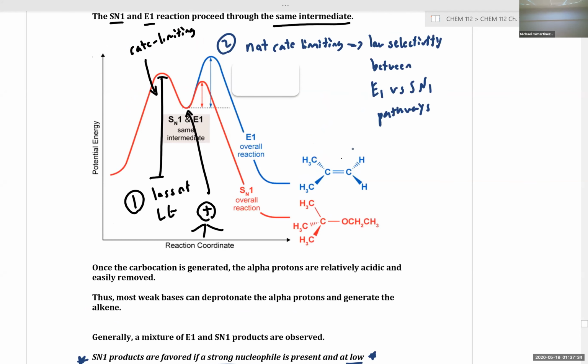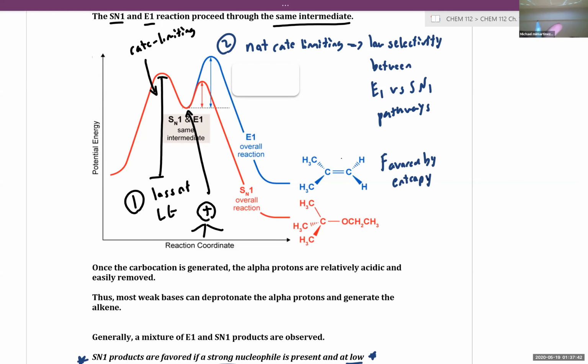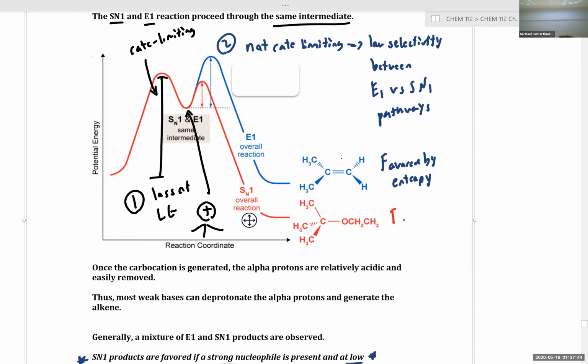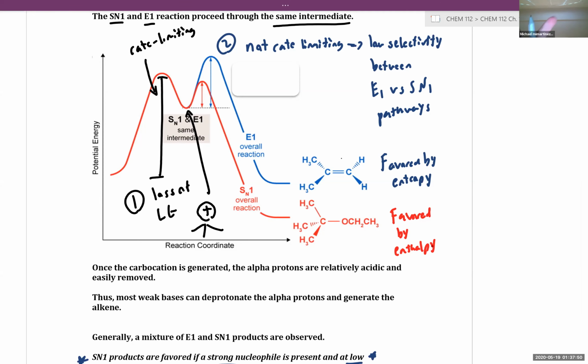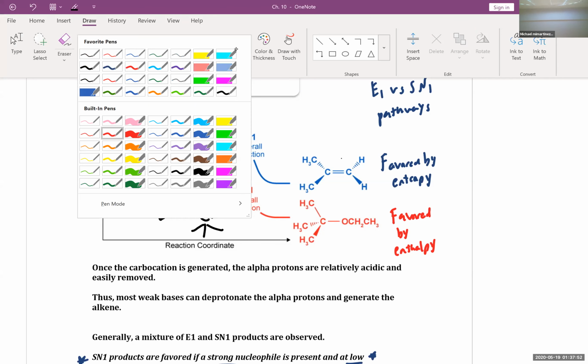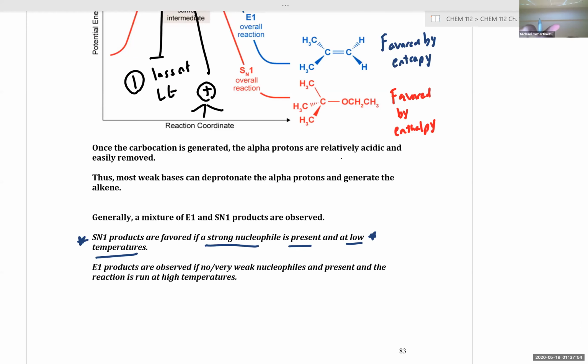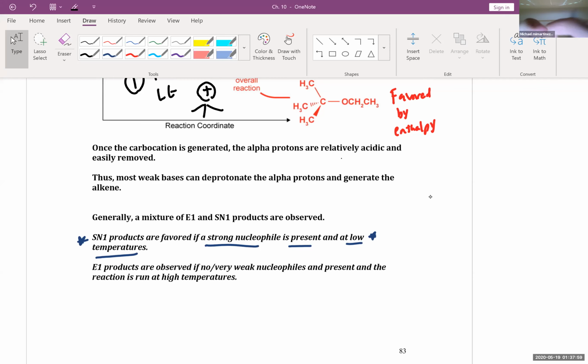Because elimination reactions are favored by entropy, while substitution reactions are favored by enthalpy generally. So if you start increasing the temperature, you're going to start to see a lot of elimination.